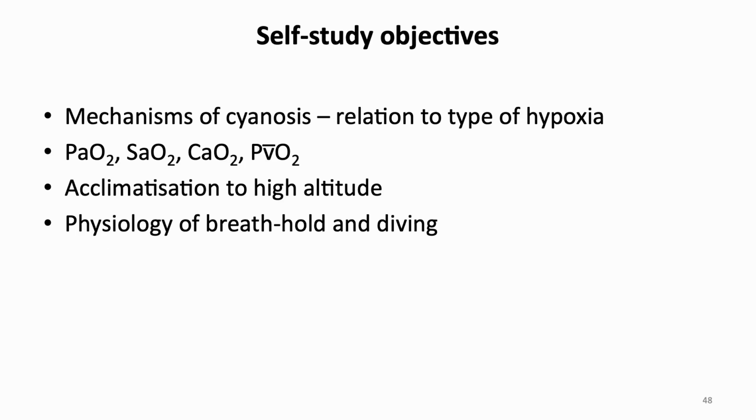In terms of self-study, I suggest that you read about the mechanisms of cyanosis and how they relate to these four types of hypoxia that I've described in this session.